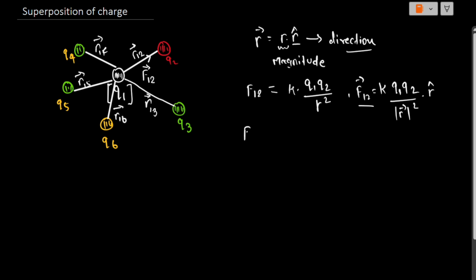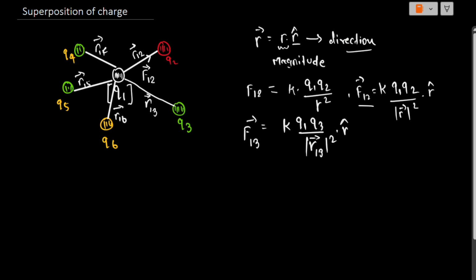Now the second force is what we call F13. So the Q3 charge imposes force on Q1. So F13 would be equal to K Q1 Q3 over R13 mod square, times the direction R cap, actually the vector R cap, right? So all kinds of force will act on the Q1 charge.